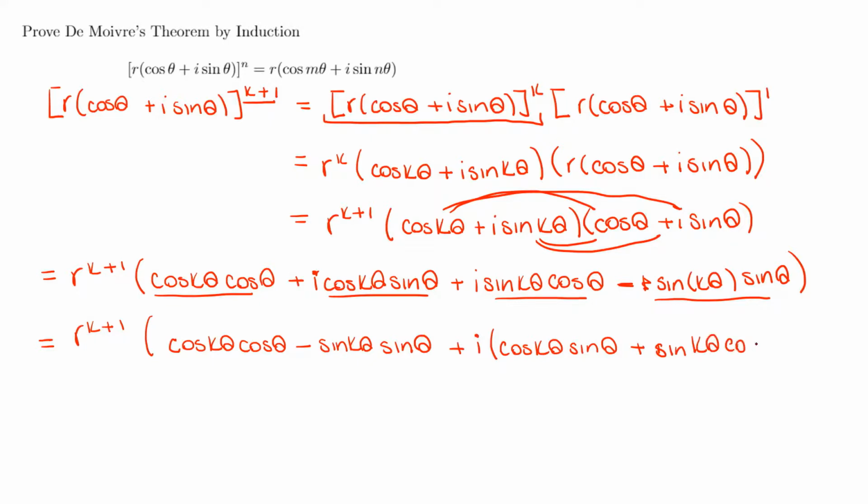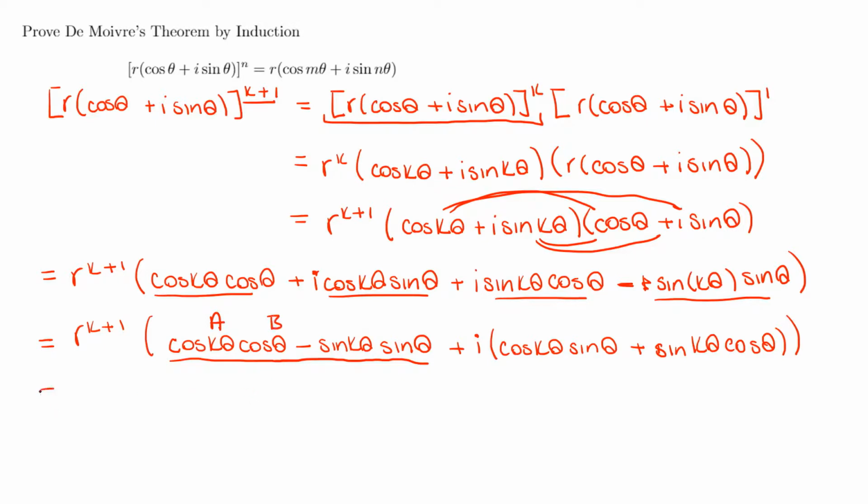plus sine of k theta cos of theta. And guys, if you go to your log tables on the trig page, there's loads of formulas. And you're going to see one formula there that's going to be cos A multiplied by cos B minus sine A multiplied by sine B. And isn't that exactly what we have here in the real part, where A in this case is k theta and B in this case is just theta.